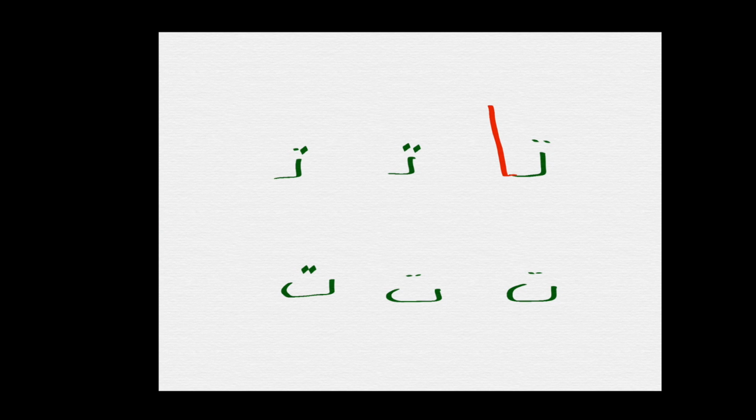Now let's see how the combination of the letter T is pronounced with long vowels and short vowels. So if you have the letter Ta, with the long vowel A you would pronounce it "ta", and Ta with the long vowel U, "tu", and Ta with the long vowel E you'd pronounce it "tee".